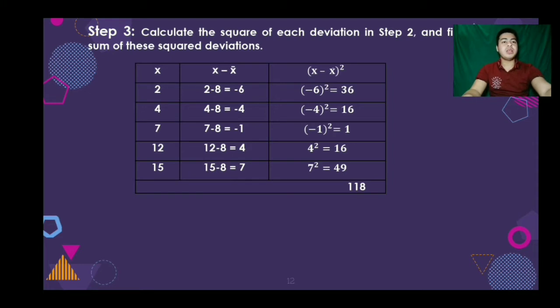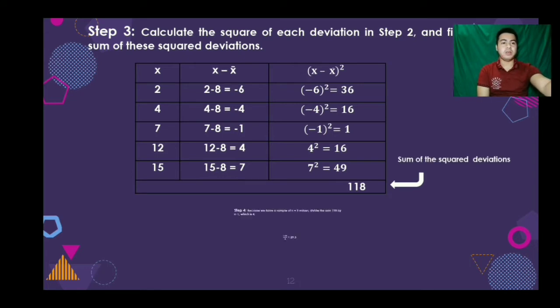So as step 3 said, let us square those deviations. So negative 6 squared equals 36. Negative 4 squared equals 16. Negative 1 squared equals 1. 4 squared equals 16 and 7 squared equals 49. So we have the total of 118. And this is now our sum of the squared deviations.